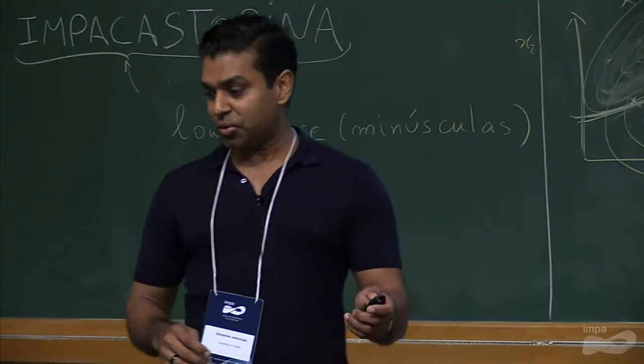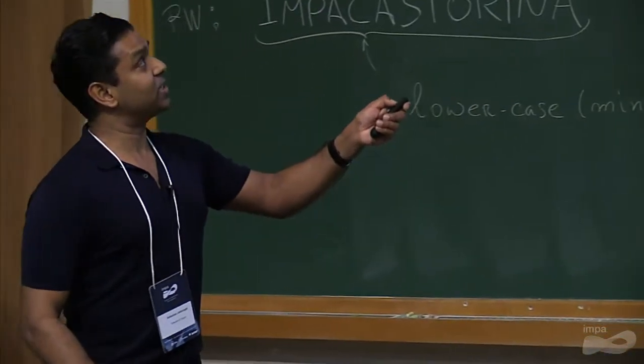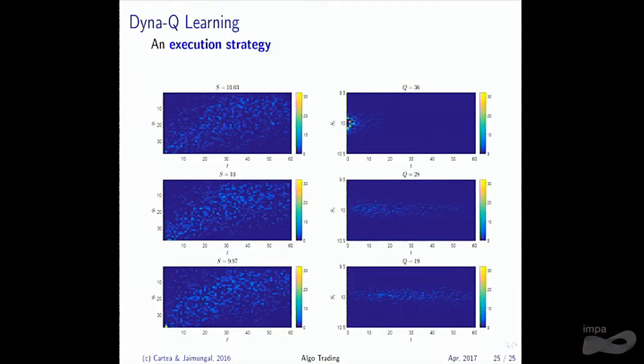So what's shown here is, it's a little bit hard to see, but the state space is much larger, of course. This is time on this axis. This is inventory at price of 10.03, at 10, and at 9.97. And the colors are showing you what strategy you should use. What I'm trying to illustrate here is that this is actually quite noisy.